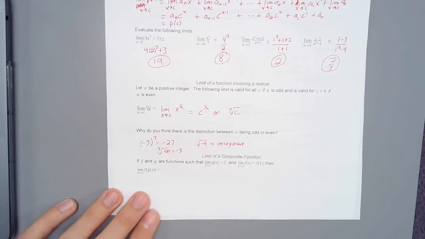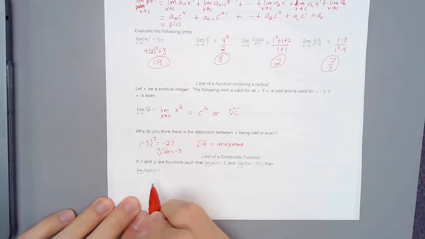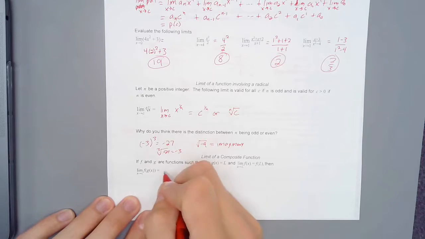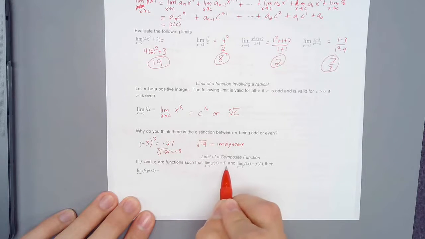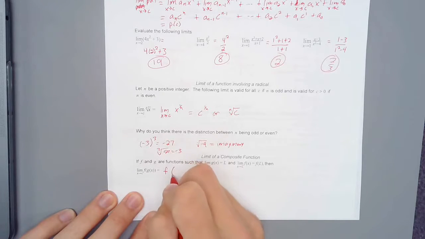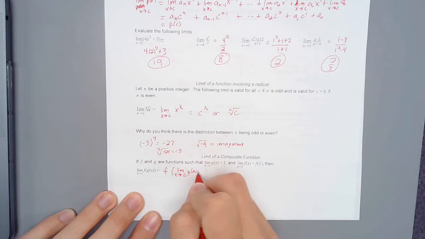Now the limit of a composition of functions, or a composite function. It's kind of weird notation, but if you're taking the limit of f of g of x, and we know that the limit of g of x as x approaches c is L, we can rewrite this as f of the limit as x approaches c of g of x.